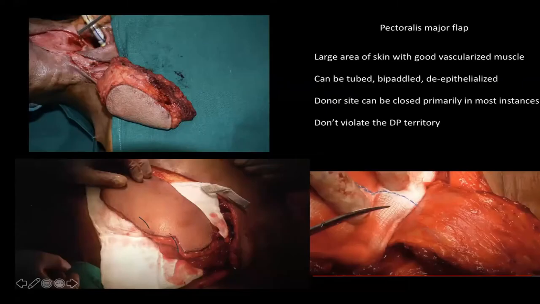So it is always better to identify the medial and lateral pectoral nerves and divide them before taking the pectoralis major into the site of the defect. So you can either have a small pectoral skin paddle, or you can have a large pectoralis major skin paddle. It just gives you a lot of options and choices for closing defects in the cheek.